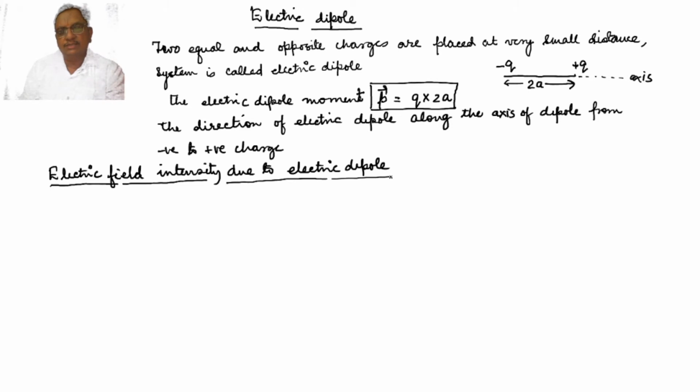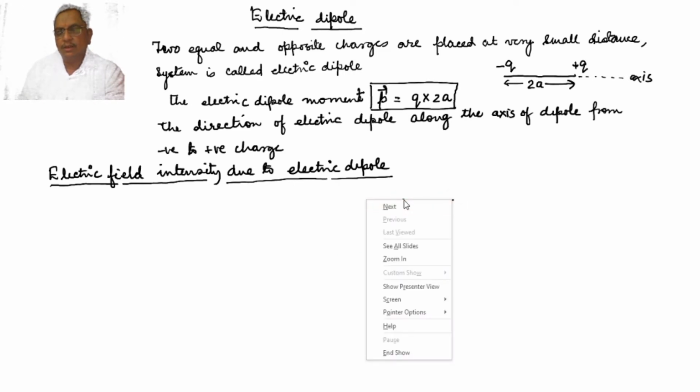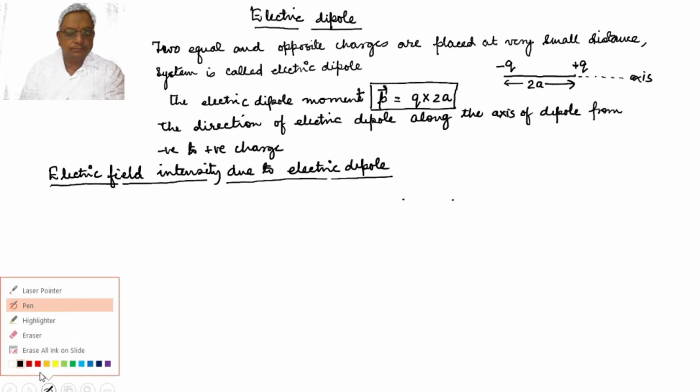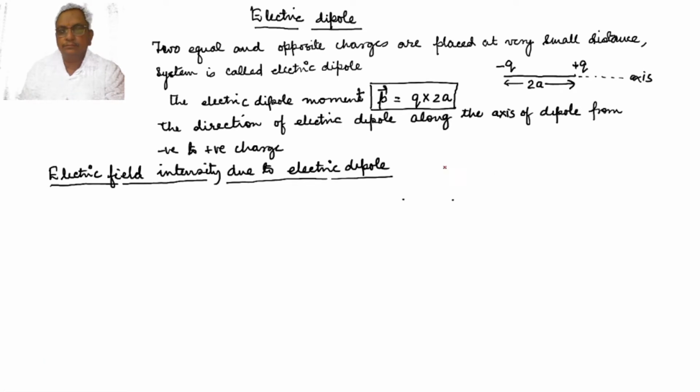We take two cases. First is axial, meaning you take a dipole and on its axis you calculate the electric field. And next is equatorial. Let the dipole be here, with charge minus Q here and plus Q here.